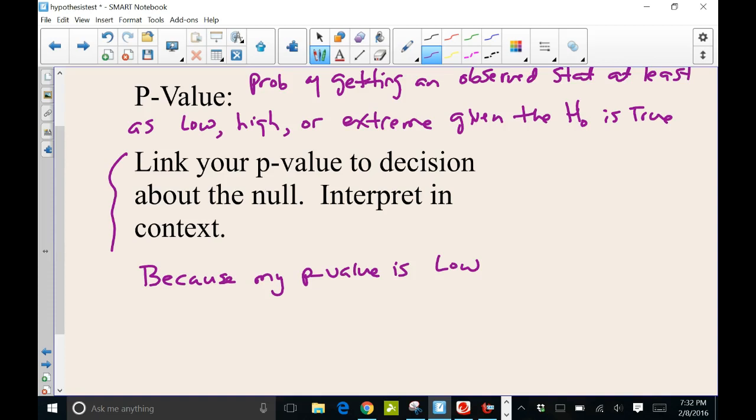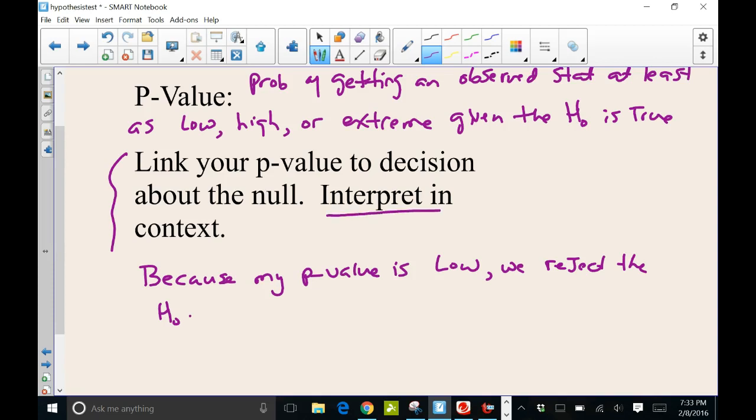If they give you a different level, which they call a significance level or alpha level, then we use that. But if they don't give us anything, we usually use 5%. So because my p-value is low, which basically means 0, we have evidence to reject the null. This is what I mean by linking the p-value to your decision.